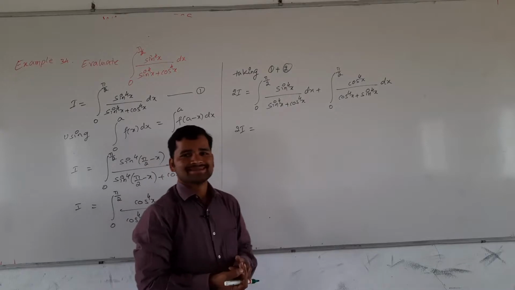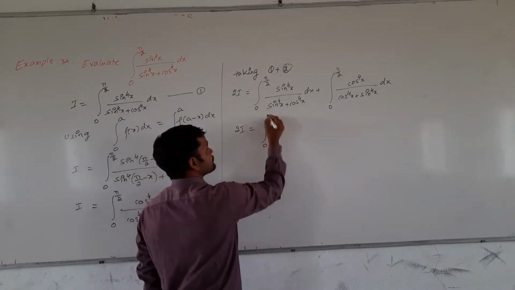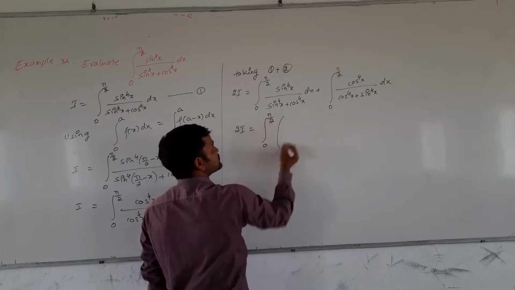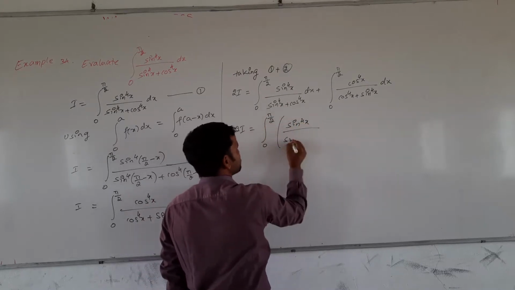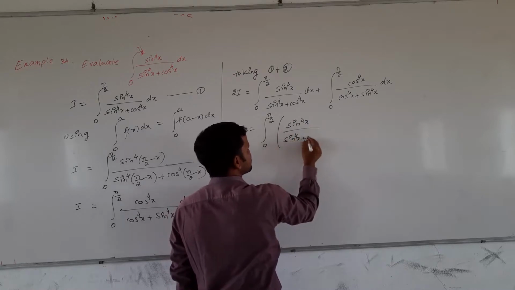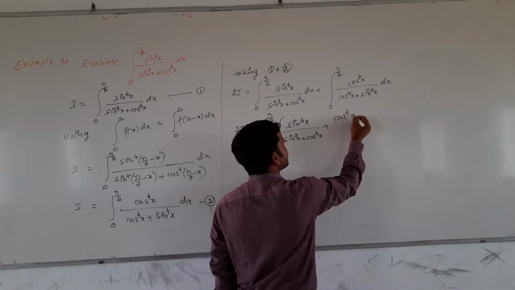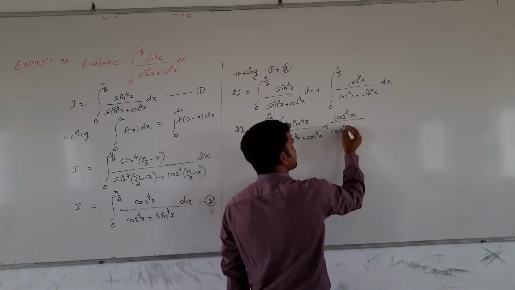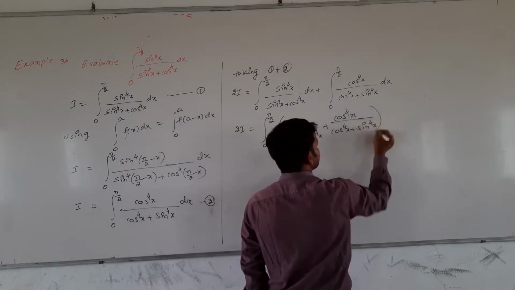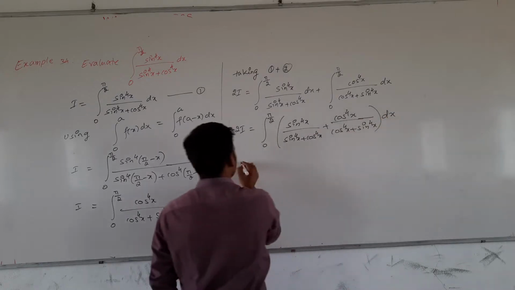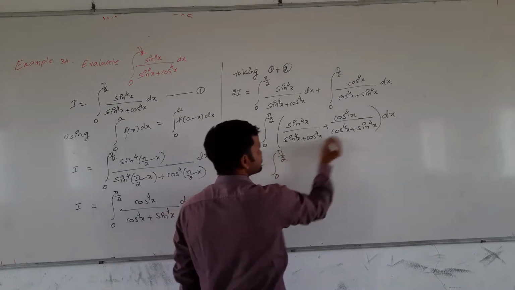Let me write it as a single integral because the integral is from 0 to pi by 2 only. First function is sin raised to 4x by sin raised to 4x plus cos raised to 4x, plus second function is cos raised to 4x by cos raised to 4x plus sin raised to 4x into dx. 2i is equal to integrating from 0 to pi by 2.